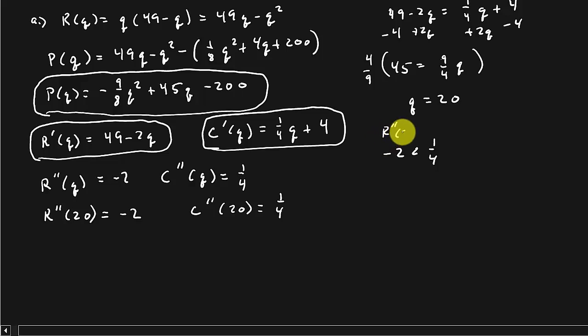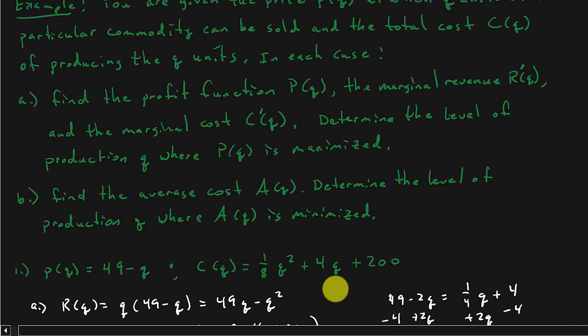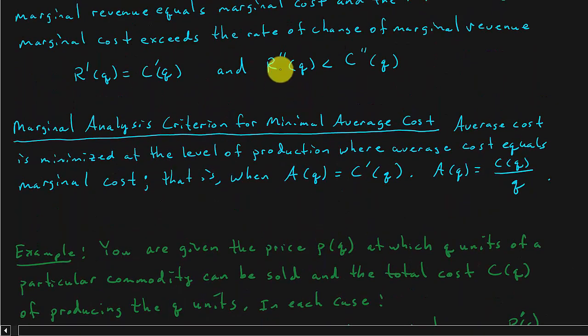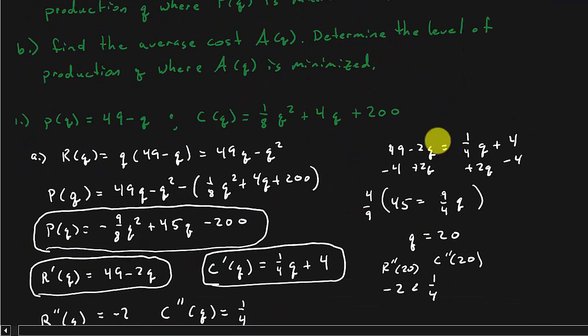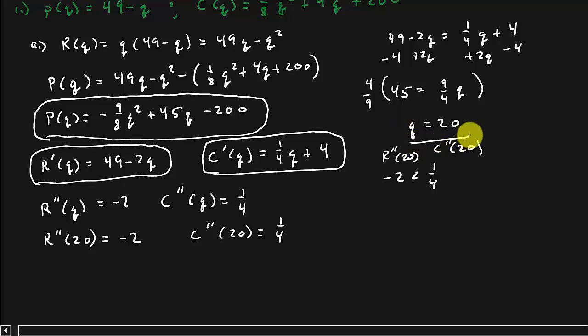Remember, this is R double prime at 20, and this is C double prime at 20. And so what did we show? We showed that R double prime is less than C double prime. And so that means that Q equal 20 is where we would have our maximum profit.